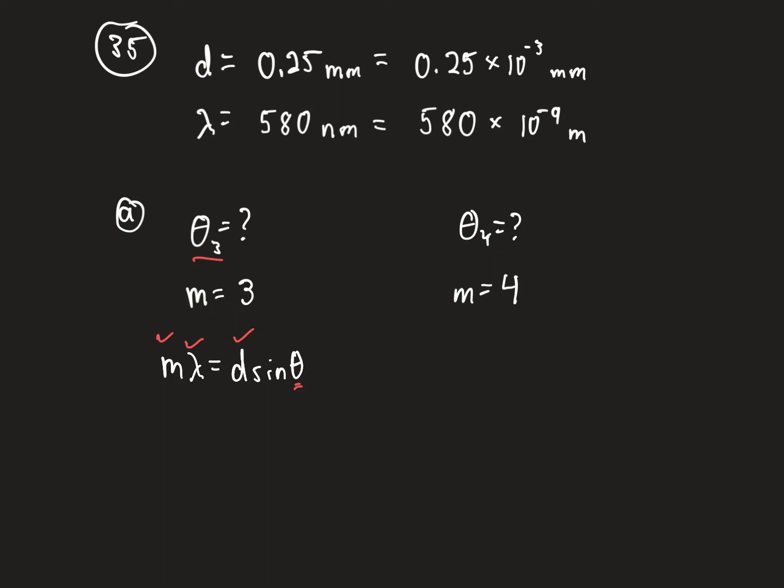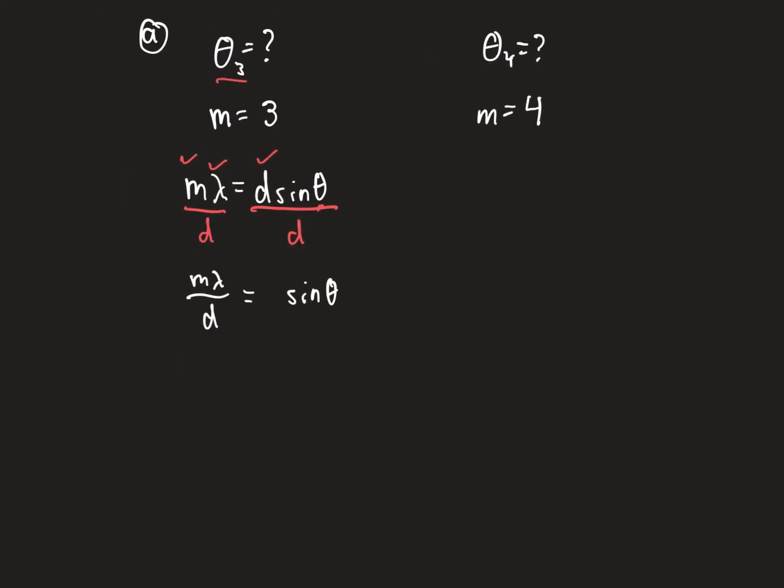I solve this for theta by dividing both sides by lowercase d. So m times lambda divided by d equals sine of theta. And how do I get theta by itself there? Take the inverse sine of both sides. So inverse sine of m times lambda over d equals the inverse sine of sine of theta.